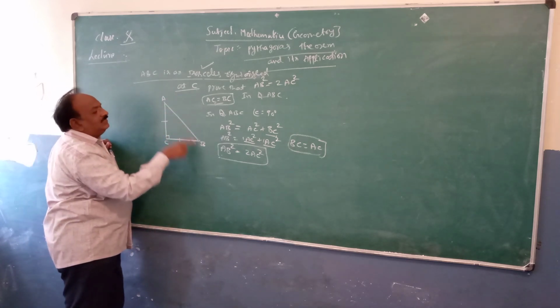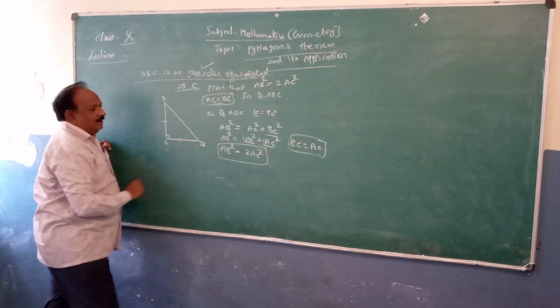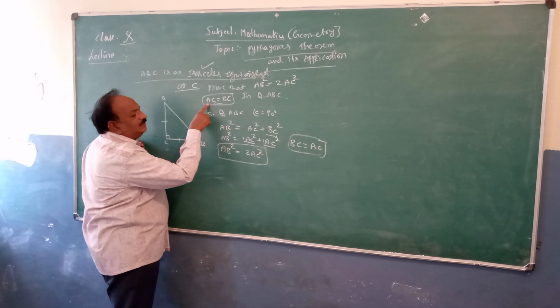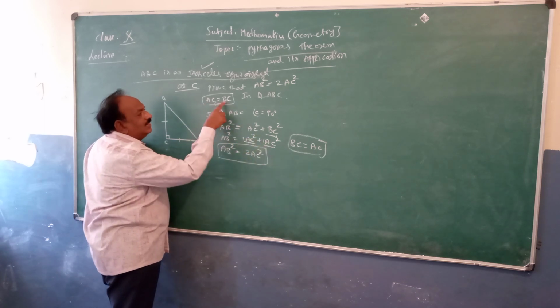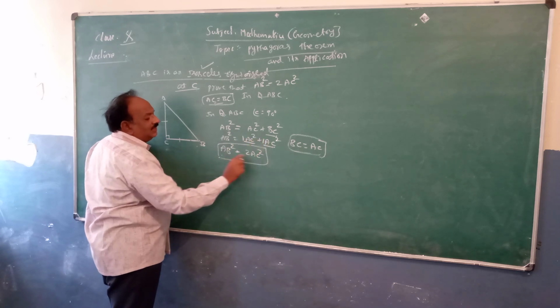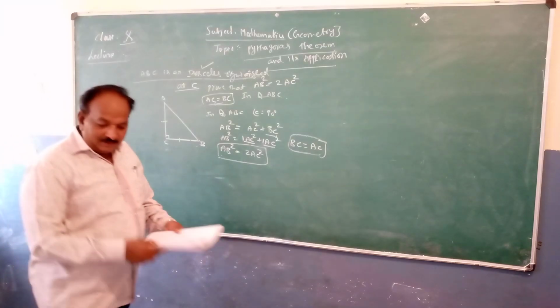Applying the Pythagoras, AB squared is equal to AC square plus BC square. What is BC? BC is equal to AC. Substitute BC is equal to AC. 1AC plus 1AC, AB squared is equal to 2AC square.